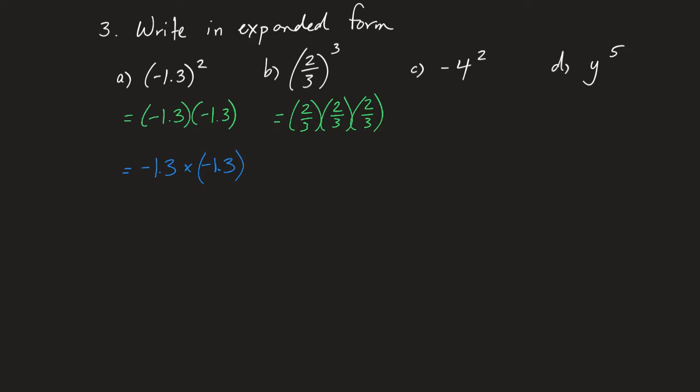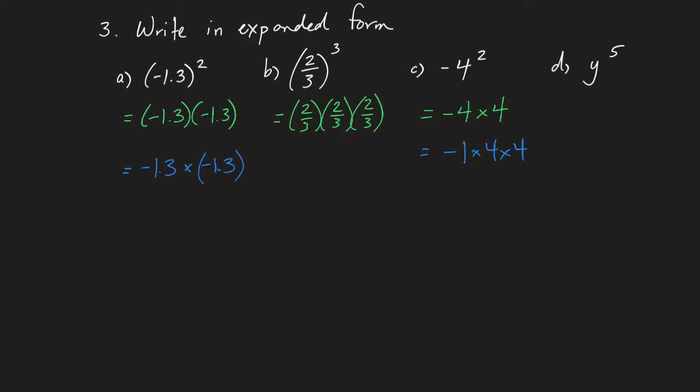So how do I now write that in expanded form? We would write that as a negative 4 times 4. Now, you can write it that way, and that's totally fine. That is the best form. But you could also include that as a negative 1 times 4 times 4. I'd accept either of those.